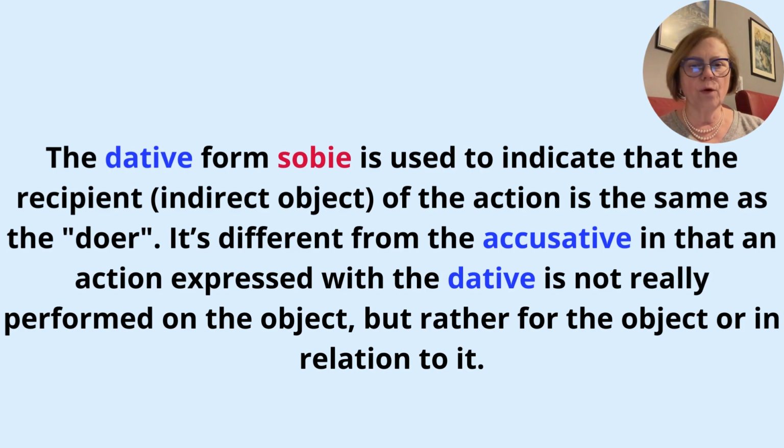The dative form sobie is used to indicate that the recipient, the indirect object of the action, is the same as the doer. It's different from the accusative in that an action expressed with the dative is not really performed on the object, but rather for the object or in relation to it.